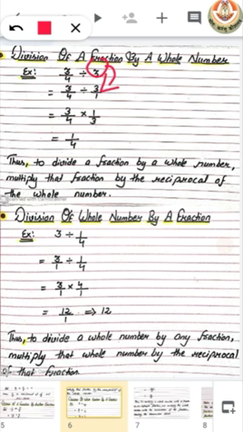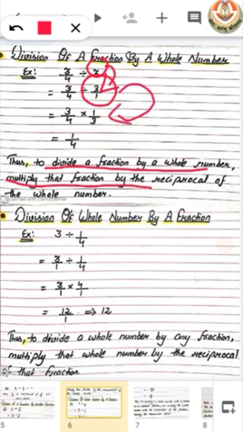To divide the fraction by a whole number, we have to multiply the fraction with the reciprocal of the whole number. Here you can see this is the fraction form of the whole number, and we converted it into its reciprocal form to solve with the other fraction.